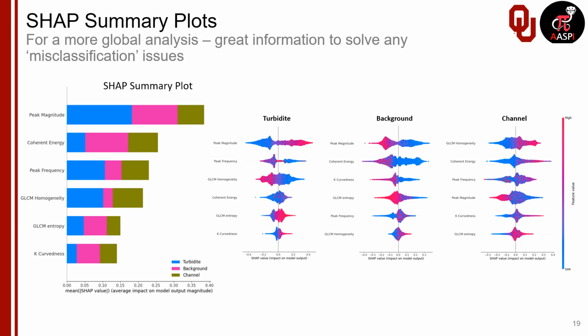So low values of peak magnitude made it less likely to be a turbidite, whereas higher values, in the pink or reddish colors, you had higher values of peak magnitude for turbidites. And so you could spend a lot of time going through these. And there's other types of plots, like dependency plots, that you can get with SHAP that provide even more insight into what's going on.